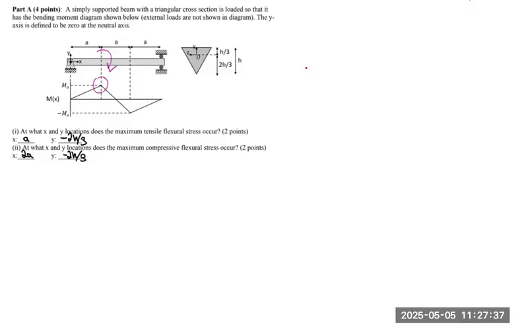However, the way the beam is bending at this location, since there is a clockwise moment, which corresponds to a positive over here, the beam is going to be bending like this.